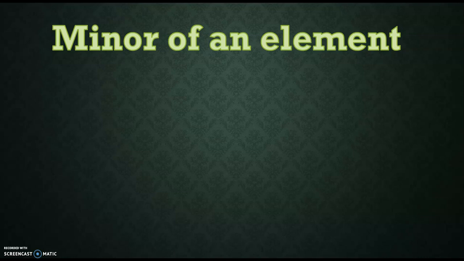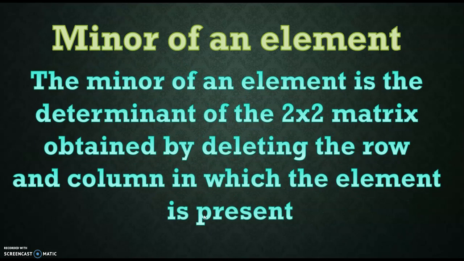The minor of an element is the determinant of the 2 by 2 matrix obtained by deleting the row and column in which the element is present.